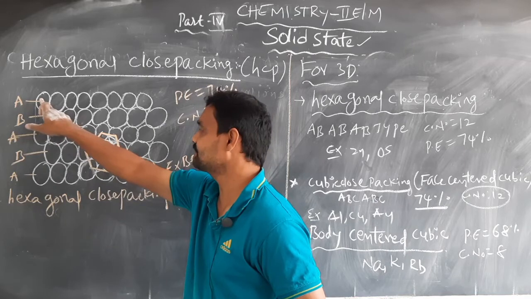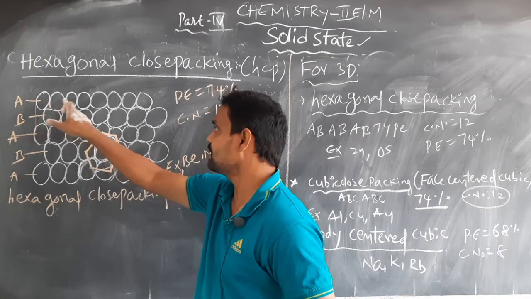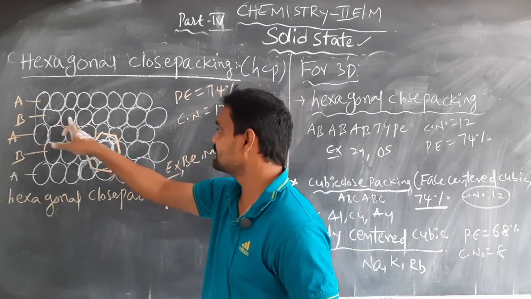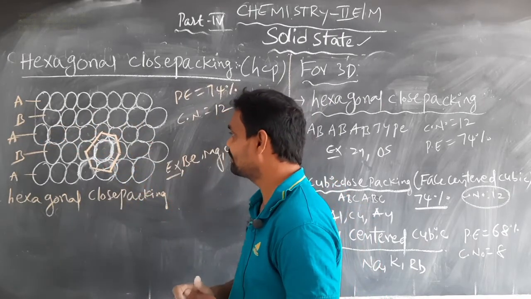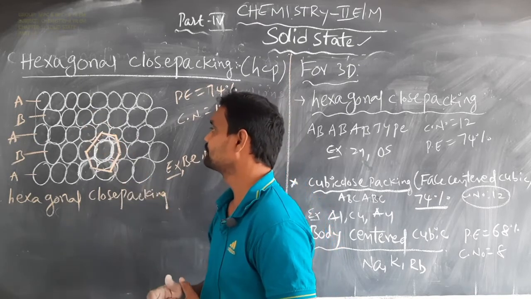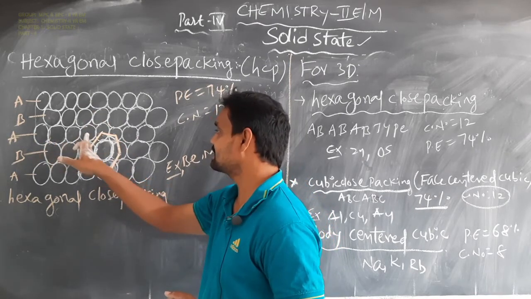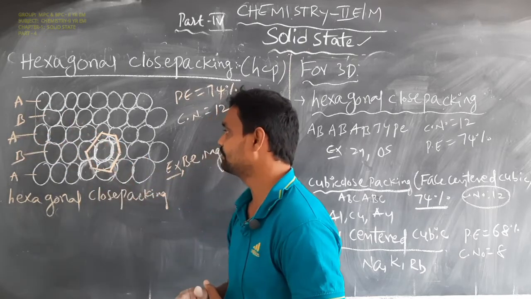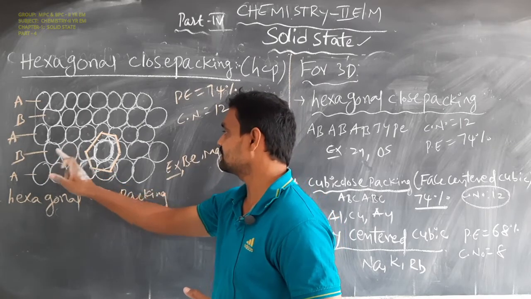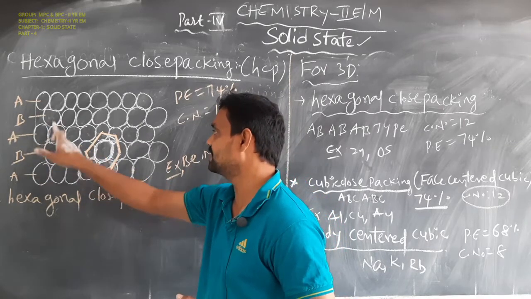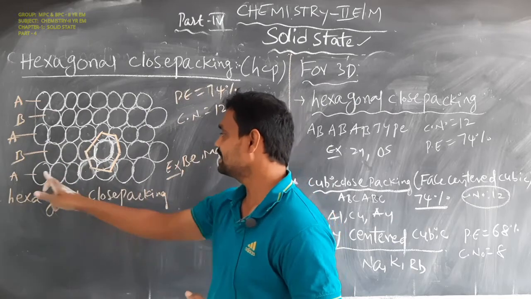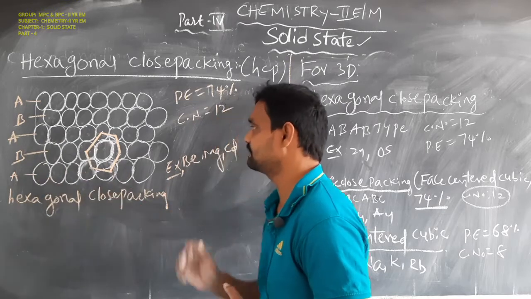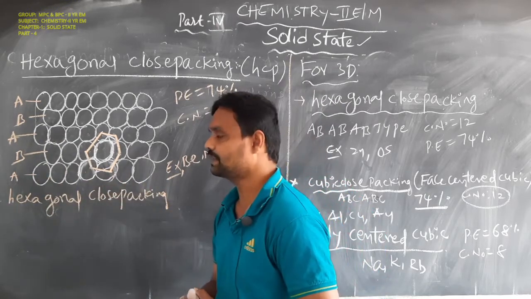The first row we consider the A type of arrangement, and the second row is the B type of arrangement because it is different from the first row. The third row is similar to the first row, so it is the A type of arrangement. The fourth row is similar to the second row, the B type, and the next row is similar to the third and first rows, the A type, and the remaining is the B type of arrangement.